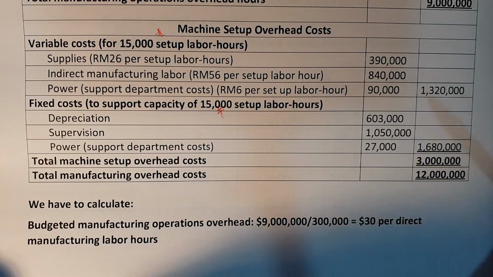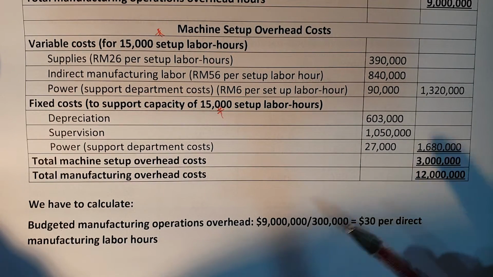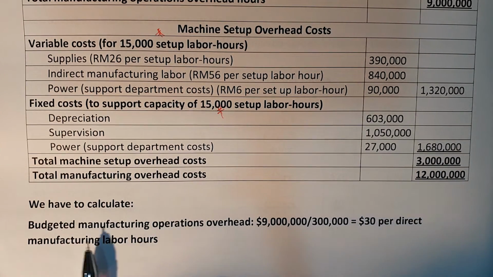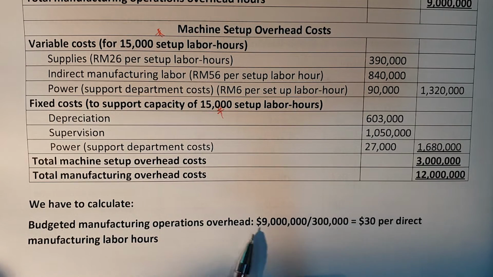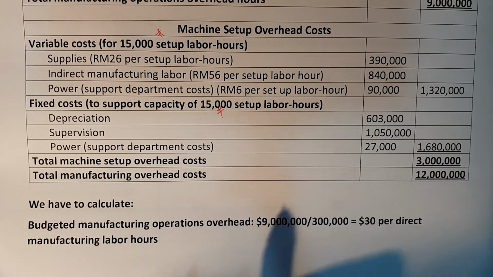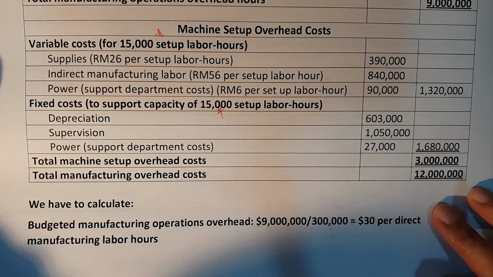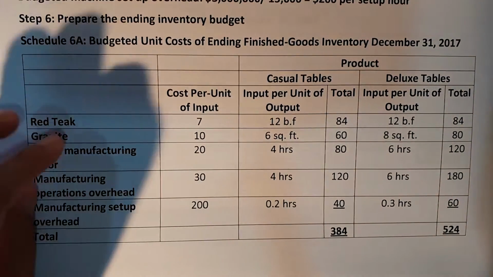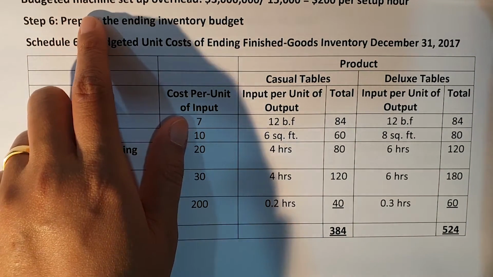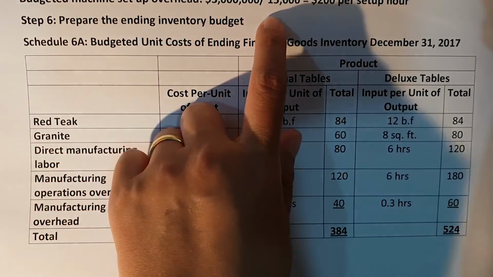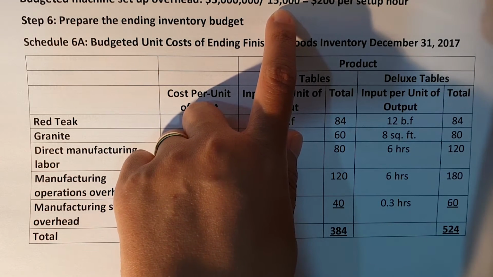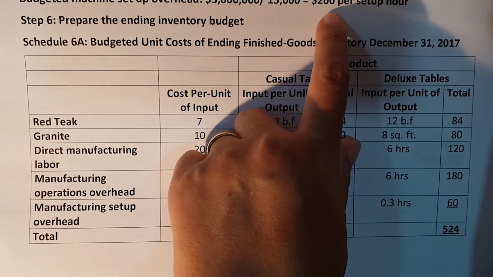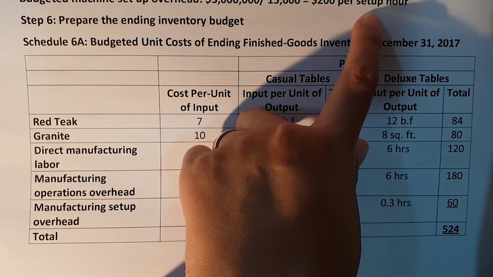Once we complete the table or schedule 5, we have to calculate the budgeted manufacturing operation overhead, because we want to know the price per direct manufacturing labor hour. And we also have to calculate the budgeted machine setup overhead divided by the number of setup hours, because we want to know the cost per setup hour.